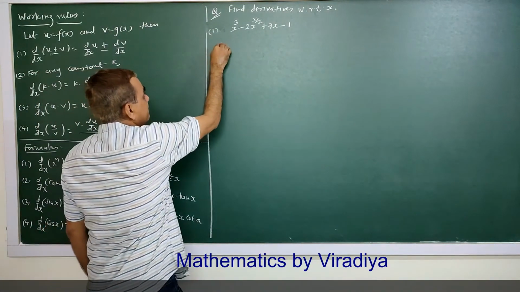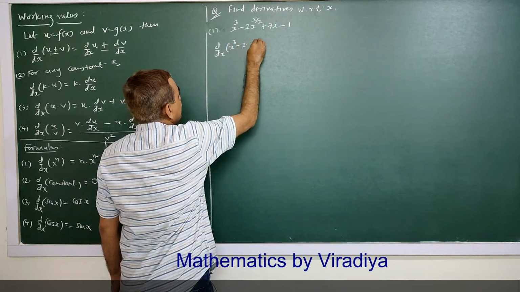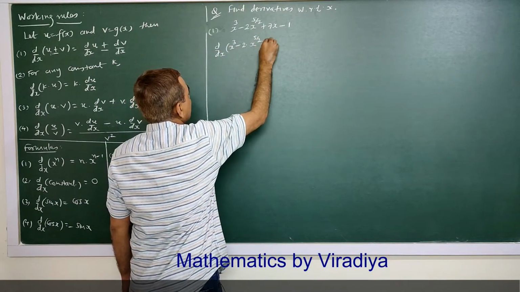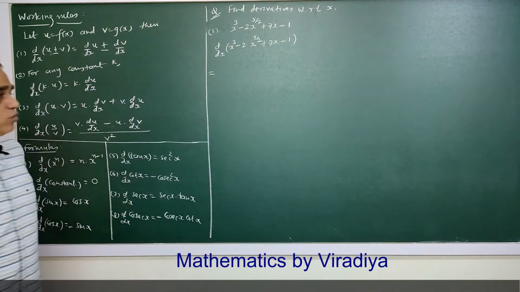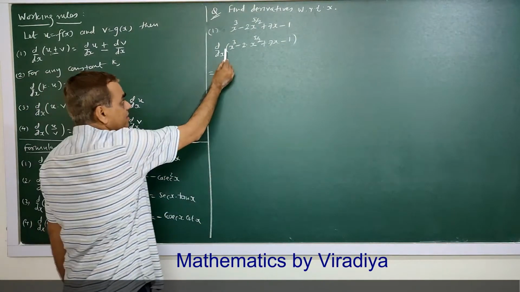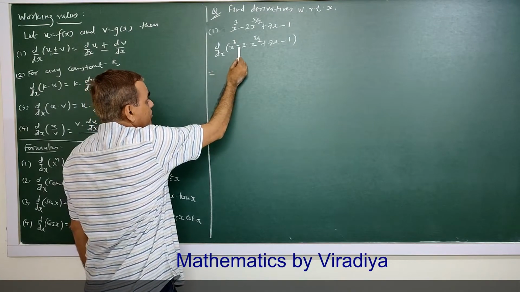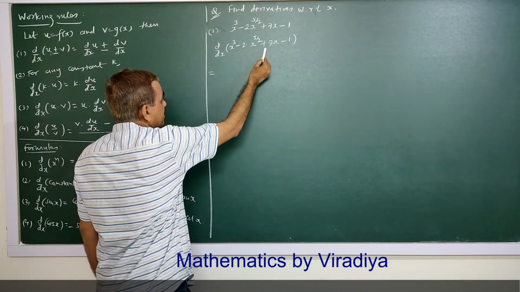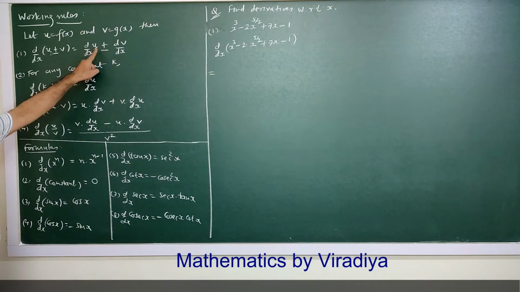So the derivative of x cube minus 2 into x raised to 5 by 2 plus 7x minus 1, it is equal to, here, the derivative of a sum or difference is equal to the sum or difference of individual derivatives.